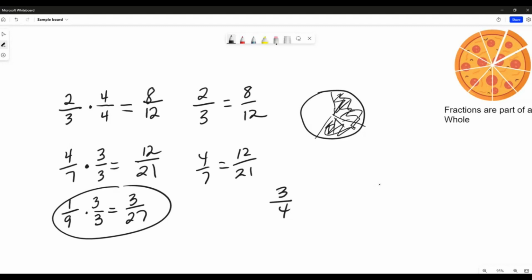Okay. So here's one more of these, but I'm going to change it up on you. We're going to start with 3/4, and you're going to multiply it by something so that we get 12 somethings.